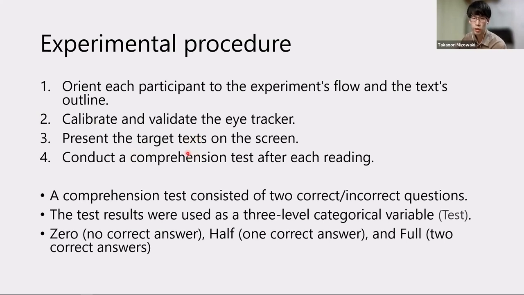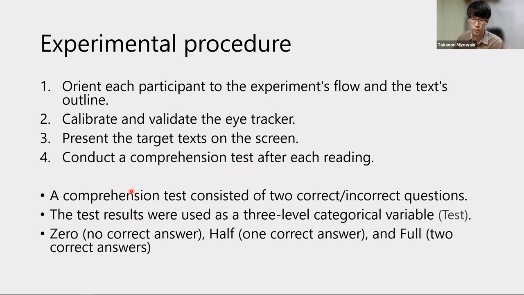The order in which the text was displayed was randomized for each participant. After participants read the text, we conducted a comprehension test. A simple comprehension test in step 4 was conducted to secure the quality of each reading.